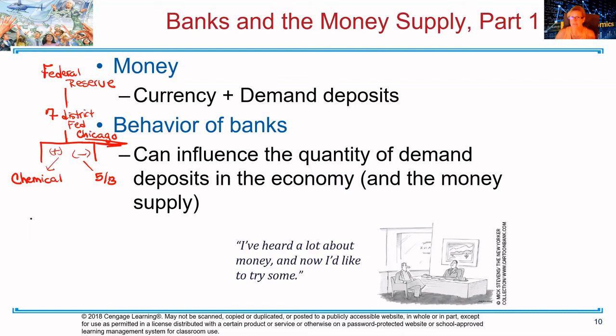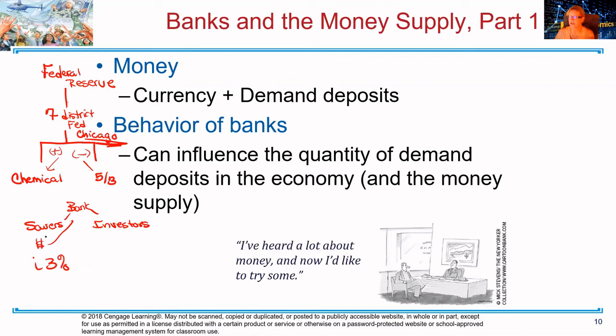Banks make money by loaning money out. Again, we talked about this previously. So we have savers and we have investors. So what a bank does is they sit in between here as a financial intermediary, and they take the savers' money and they pay interest on that money, say 3%.